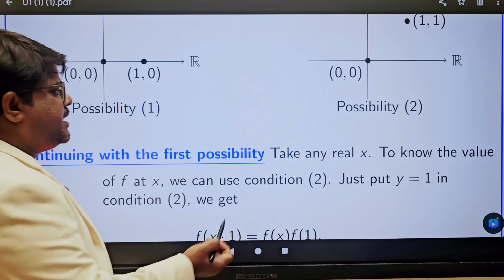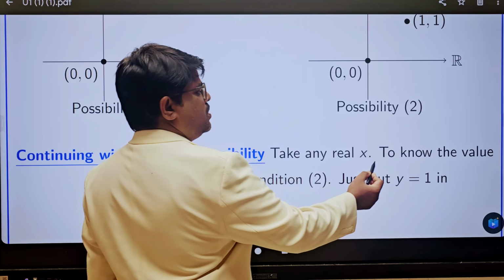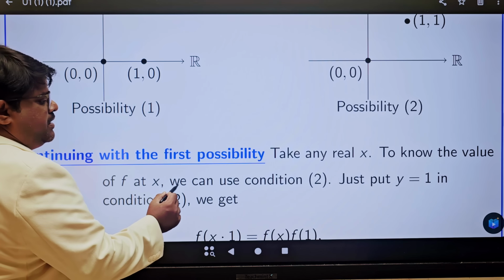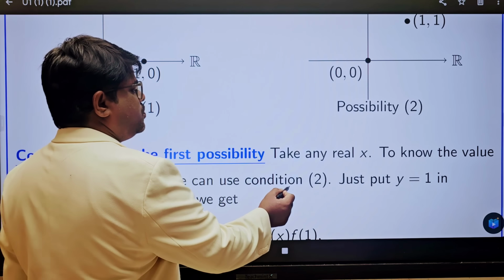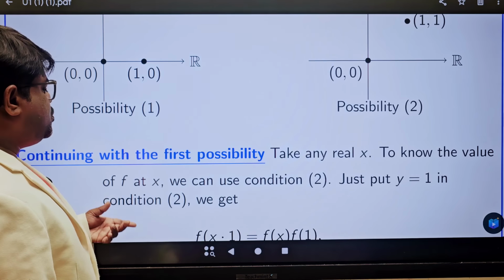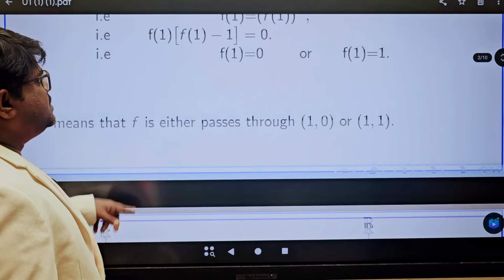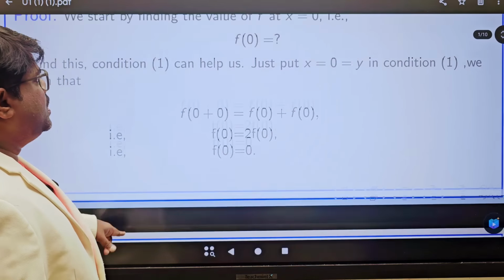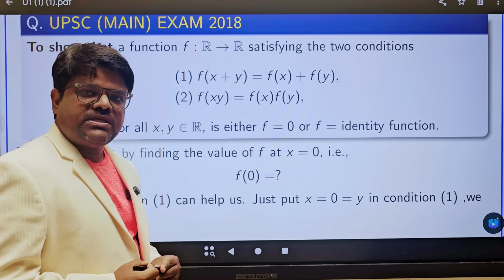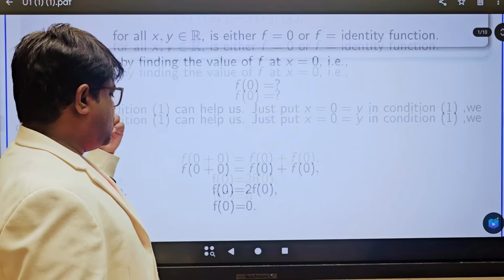Take any real x. To know the value of the function f at x, we can use condition 2. Just put y equals 1 in condition 2. We know that condition 2 is f of x into y equals f of x into f of y.